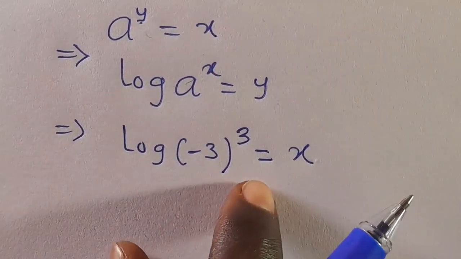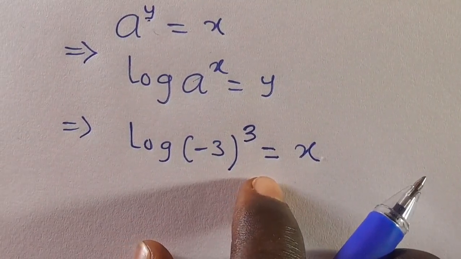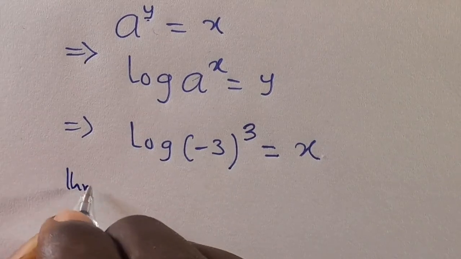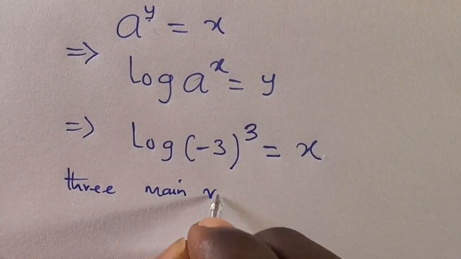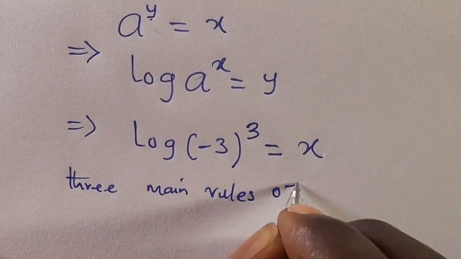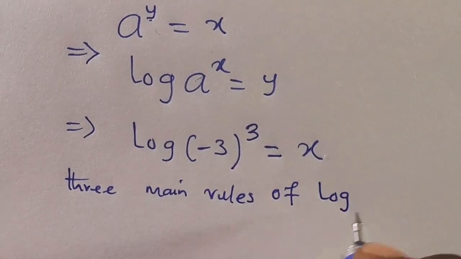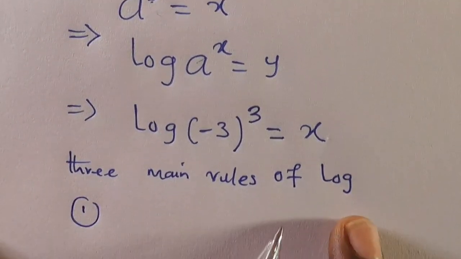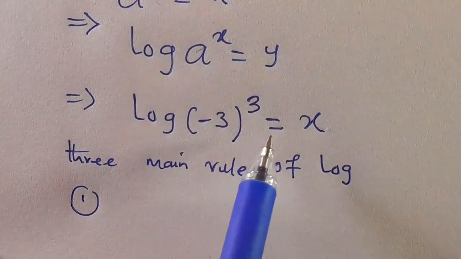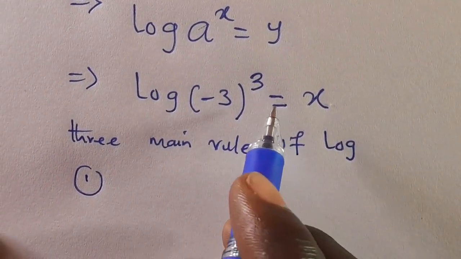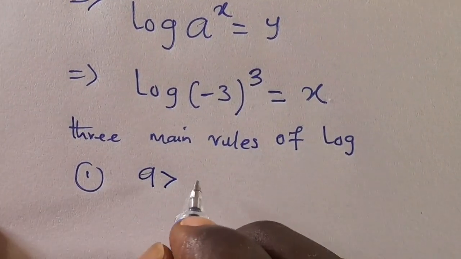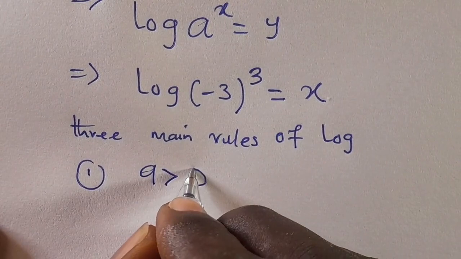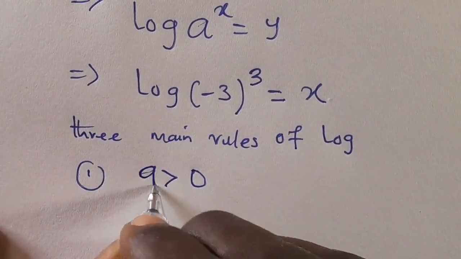But before we can move ahead, let us recall the 3 main rules of logarithm. Rule number 1 is that for this problem to be satisfied, our a must be greater than 0.